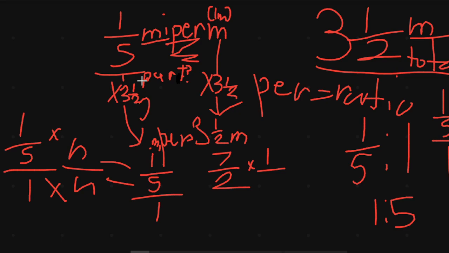I am sounding like a broken record here, but I am just further elaborating to get the point across. So per is a ratio. It's 1/5 to 1. Ratios are pretty much just fractions. Fractions can be simplified or complexified. In this case, complexified is multiplication tables. That's complexification.